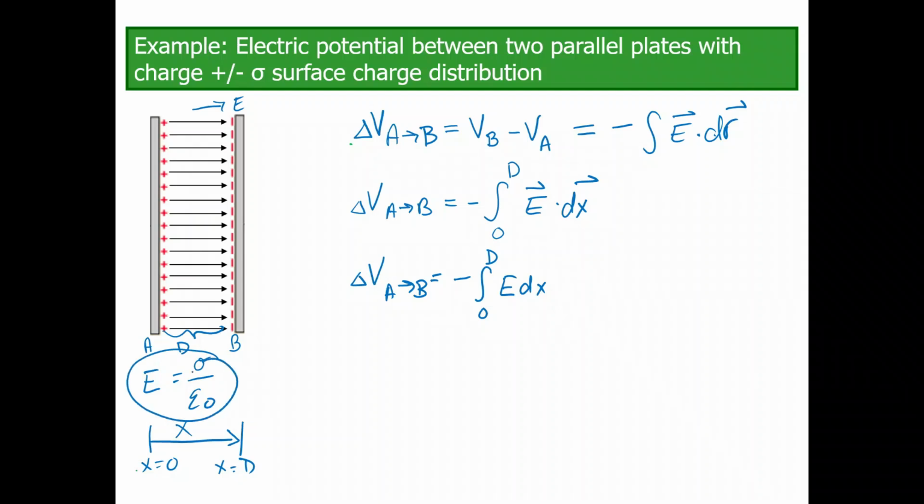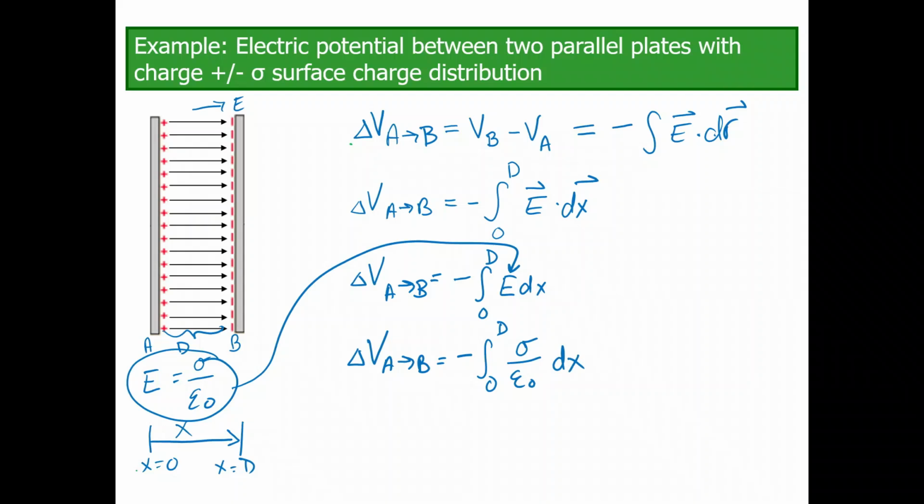I've already found my function for E, so I can plug that in right here. Delta V from A to B is going to equal negative the integral from 0 to D of sigma over epsilon naught dx. Sigma over epsilon naught is a constant, so I can pull that out in front. I get negative sigma over epsilon naught times the integral of dx from 0 to D. Integrating dx just gives me x.